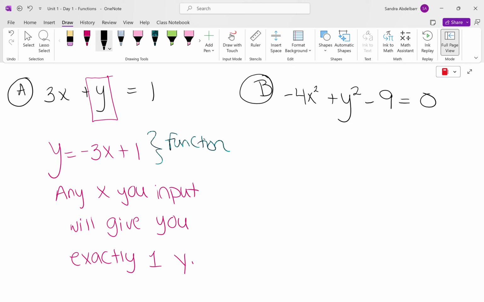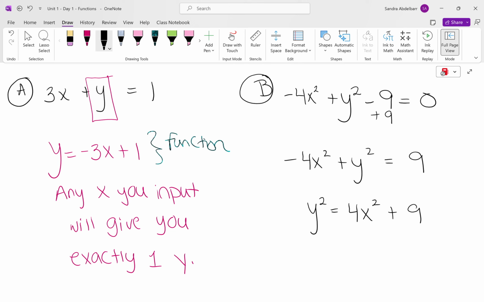In order to solve for y, you need to get it completely by itself. So the first thing I'm going to do is add over that 9. So now I'm going to have negative 4x squared plus y squared equals 9. What else should I do to get y by itself? Add 4x squared, you got it. So now I'm going to have y squared equals positive 4x squared plus 9.